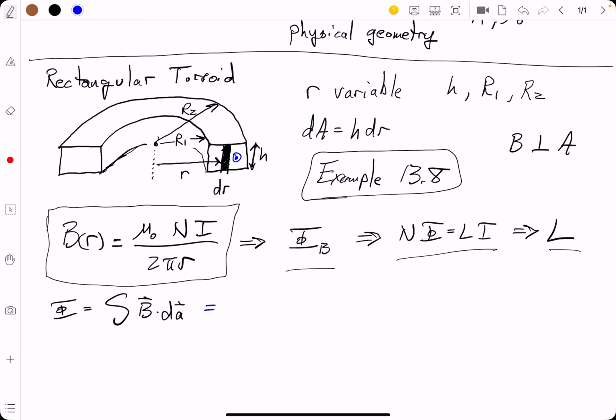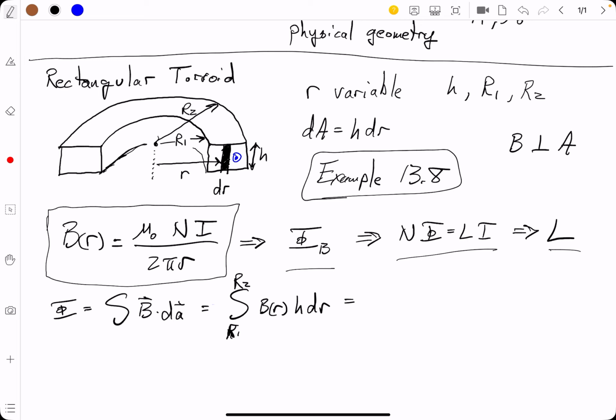Oh, I don't want blue. Okay, so what is this integral in reality? We're going to go from big R1 to big R2. And we've got our B of R. And we know what dA is. We've already figured that out. So we can put H dr. Cool.